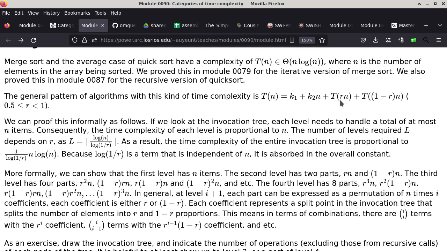So in merge sort, r is guaranteed to be 0.5. That's why we also know that you only need log 2 of n runs of the split merge algorithms in order to completely sort an array. So are we doing okay at this point?